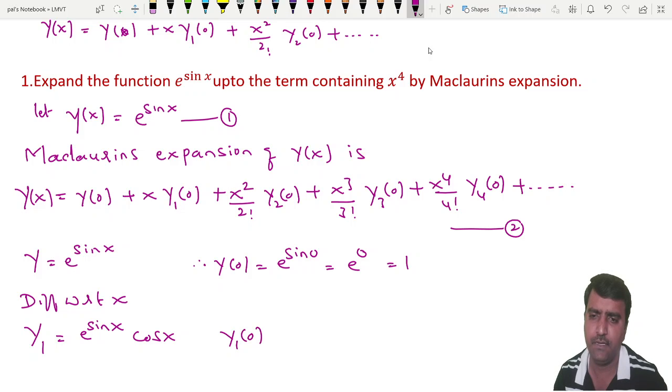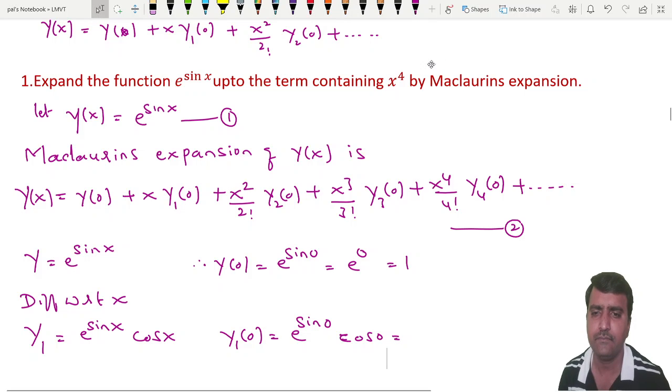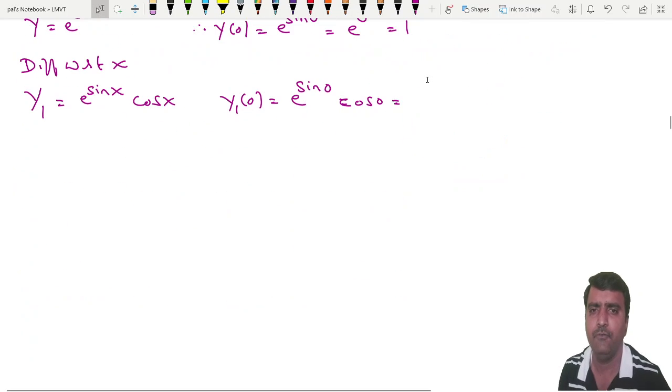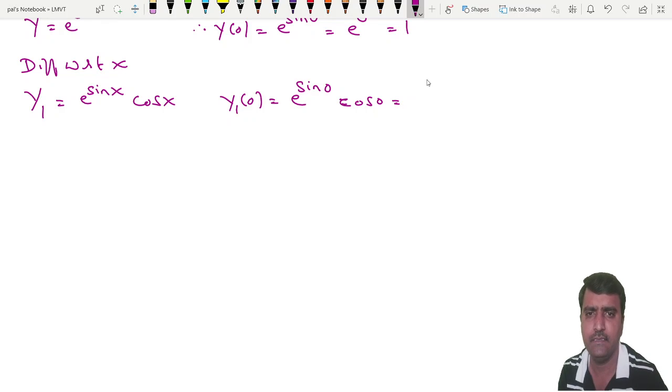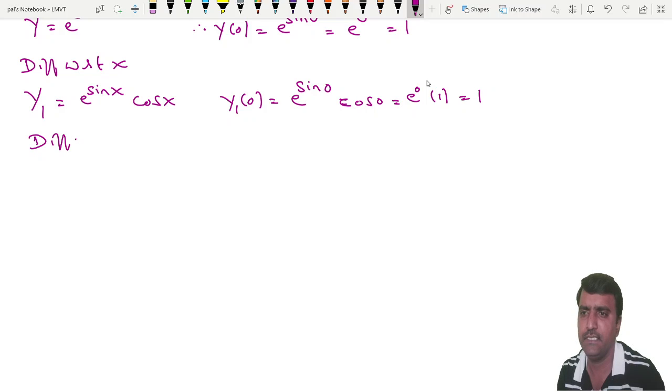Therefore y1 of 0 is equal to e to the power sin 0 into cos 0, which is equal to 1, because this becomes e to the power 0, and cos 0 is 1. So again I differentiate this with respect to x.